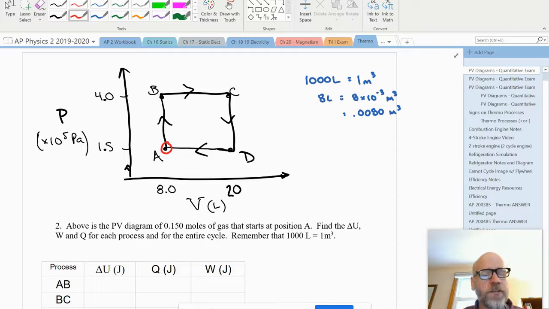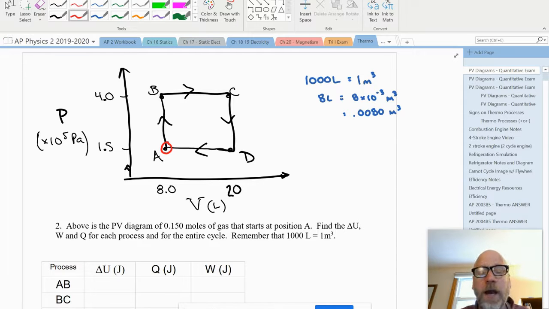What's not changing based on the graph? Yeah, that's right, Maggie. The volume is not changing. Therefore, that would be an isochoric process. How about from B to C? What's not changing? Yeah, good, Brady. It's going to be isobaric, and it's going to be isobaric expansion because the volume is getting greater.